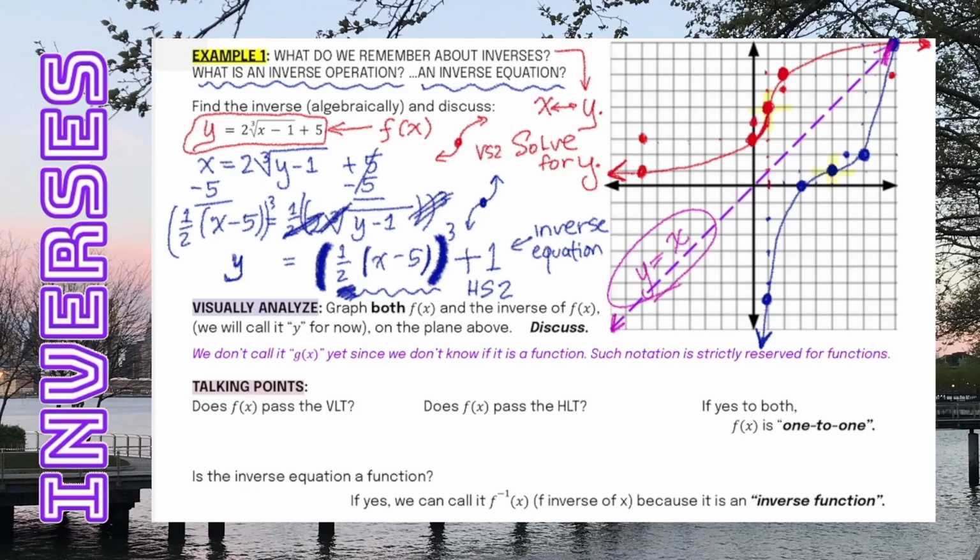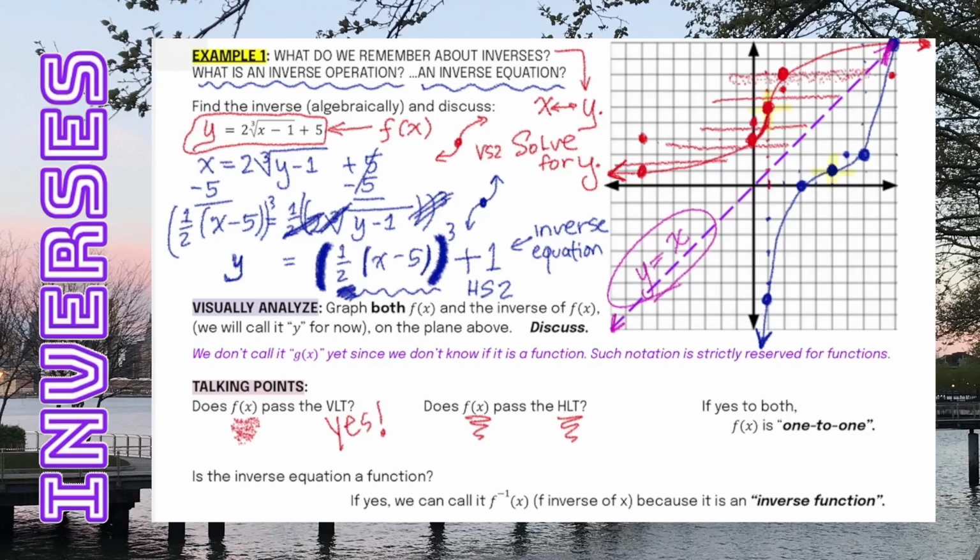Now, does f of x, which is red, pass the vertical line test? Of course, right? We already know it's a function because, well, it was called f of x. Does it pass this? What the heck is HLT? That would be the horizontal line test.